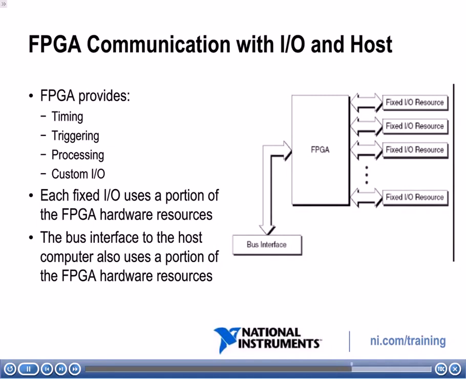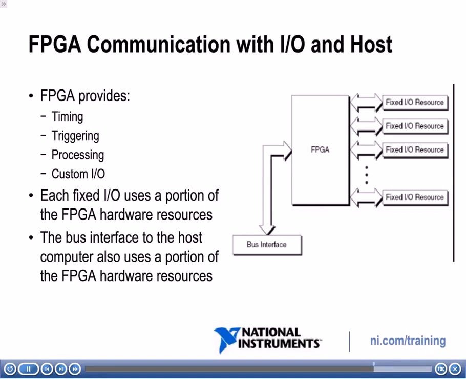Similarly, on the bus side, part of your FPGA resources need to be used to implement that bus interface where the FPGA can communicate with the host. The rest of the FPGA you can use for timing, processing, triggering, calculations, and things like that. So just know that part of that FPGA has to be used for the bus interface and also to communicate with I/O.